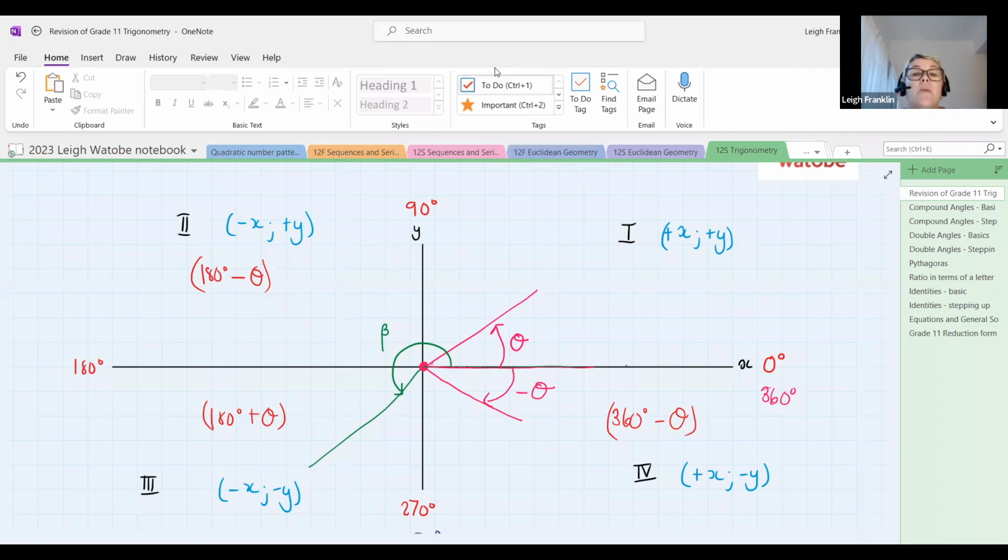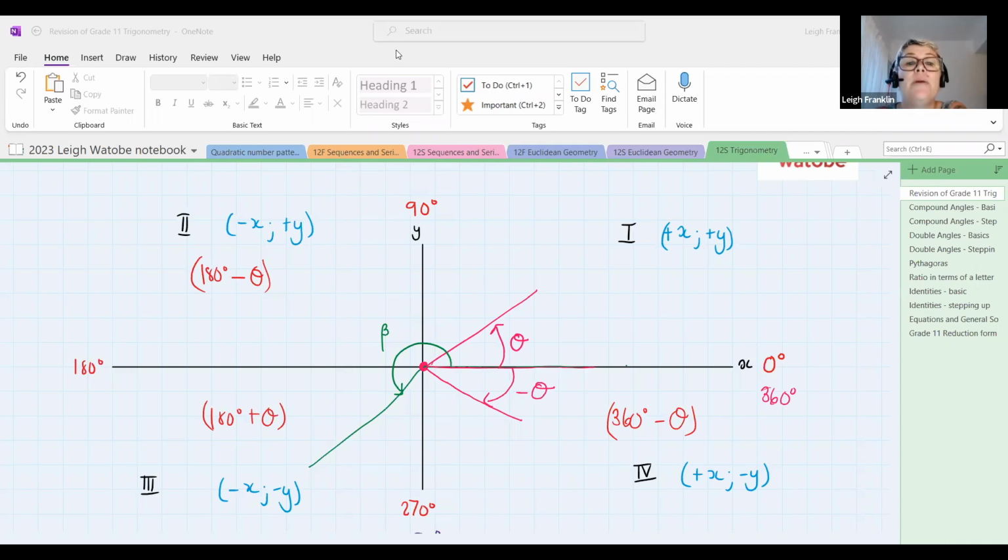Do not make up your own reduction formulae, okay. You're only going to use 180 minus, 180 plus, 360 minus, or 90 minus and 90 plus. 270 minus and 270 plus do exist, but that lies outside of the CAP syllabus. We don't use those. Okay, so do not use 270 minus to describe the third quadrant or 270 plus to describe the fourth quadrant. Okay.